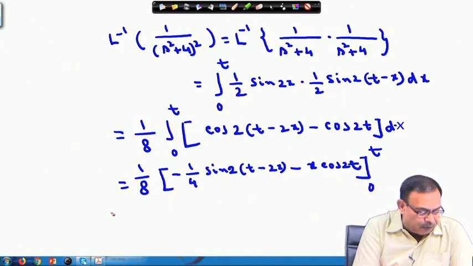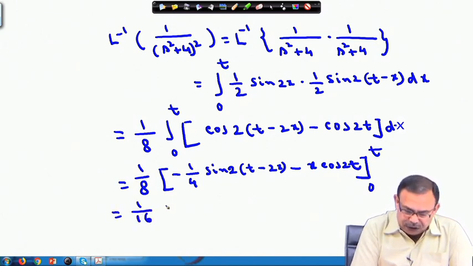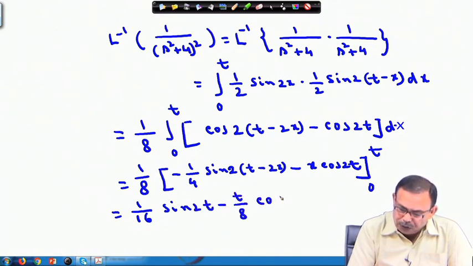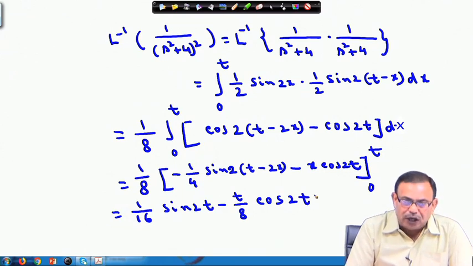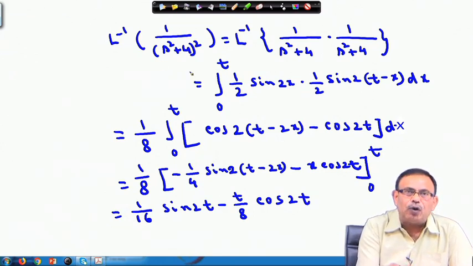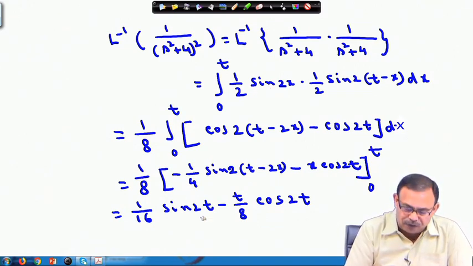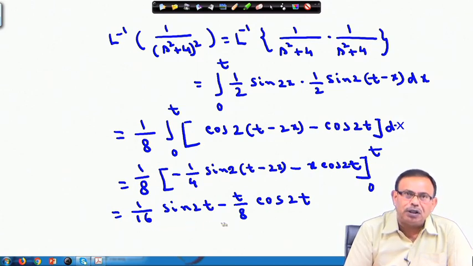If I evaluate the limit, I will obtain 1 by 16 sin 2t minus t by 8 cos 2t. So, ultimately the Laplace inverse of 1 by (s square plus 4) whole square, using the properties of convolution, is evaluated like this, and it is a simple form. I am getting the value as 1 by 16 sin 2t minus t by 8 into cos 2t.